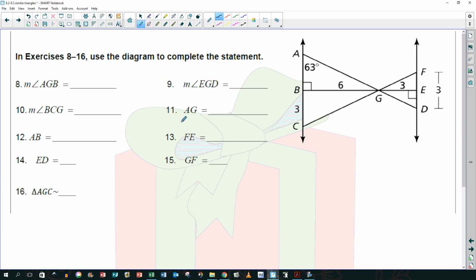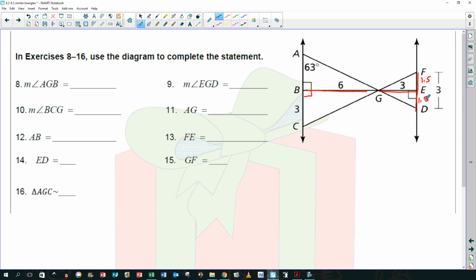All right, here we're going to use this diagram to complete. So what I always do when I'm doing these is I don't try to answer these questions. I just go over here and look at what I have, and I figure out everything that's missing, and then go back, because it's easier that way. So if this is 90, this is 90. Since this is 6 and this is 3, then this side over here, this is half. So since this whole thing is 3, then that means this is 1.5.